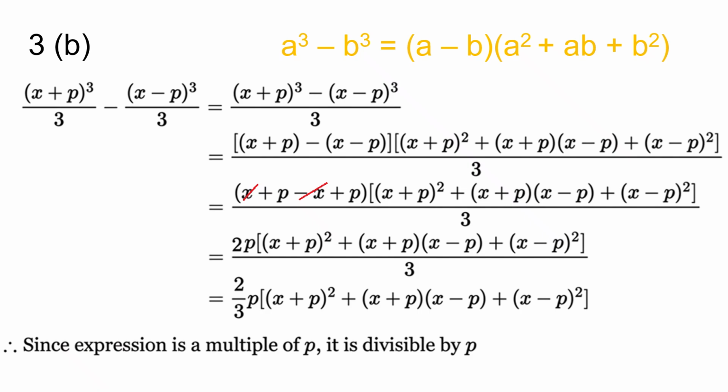Combining this with our fraction outside gives us 2p over 3 multiplied by the expanded second bracket. Because p is factored out as a term on the outside, the entire expression is a multiple of p. Therefore, it is proven to be divisible by p.